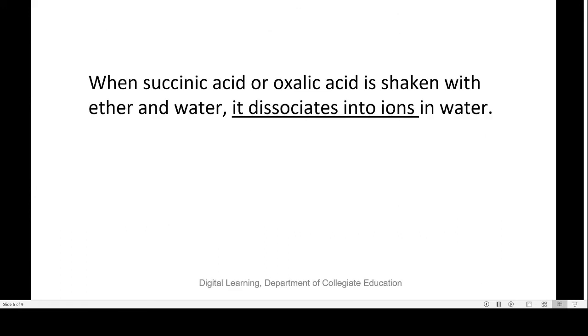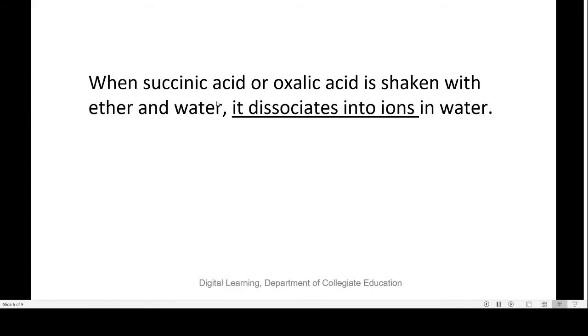Now let us see the case where solute undergoes dissociation. Like when succinic acid or oxalic acid is added to a mixture of ether and water, then succinic acid or oxalic acid undergoes dissociation in the aqueous layer or water to form ions.